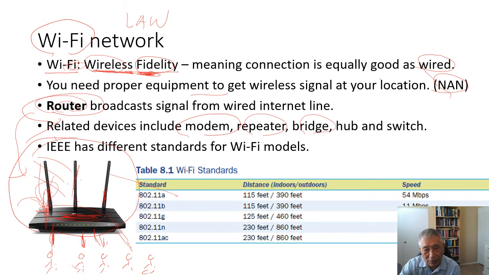There are several types of other related devices. One is the modem. The modem handles the typical internet line, where the signal comes from the coaxial cable, as we have seen, or the twisted line for the telephone, and the coaxial from the cable company or some other dish.